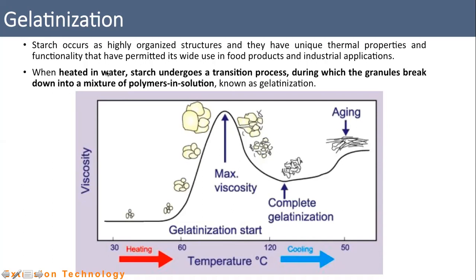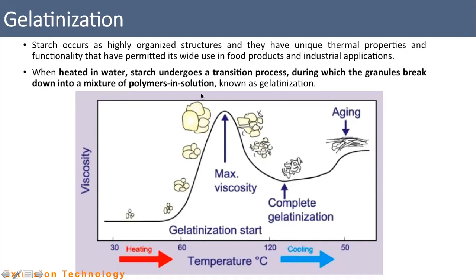When heated in water, starch undergoes a transition process. Here you can see the transition process, during which the granules break down into a mixture of polymers in solution, known as gelatinization. You can see the granules break down and make polymers in this solution.